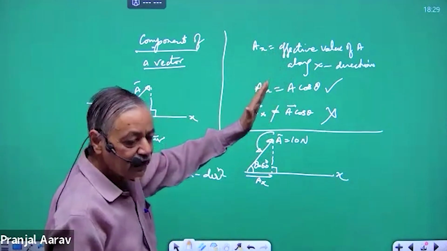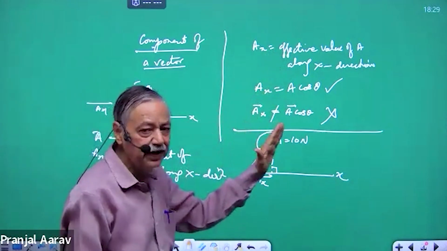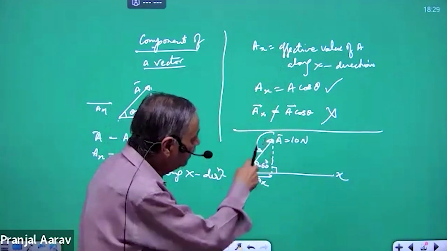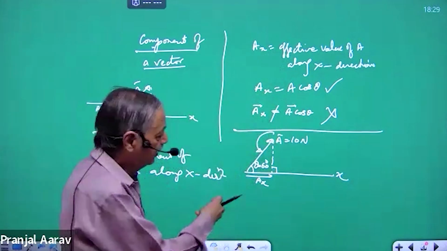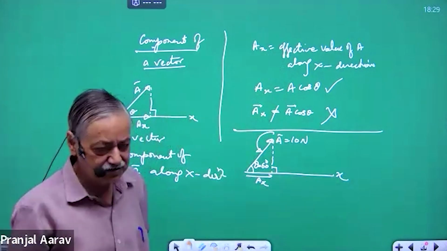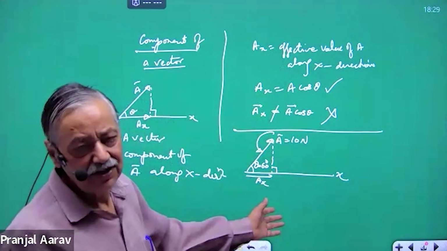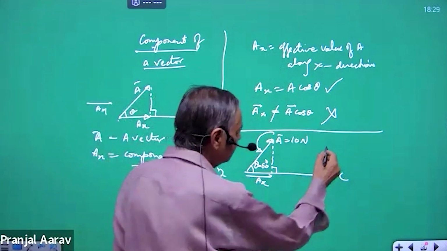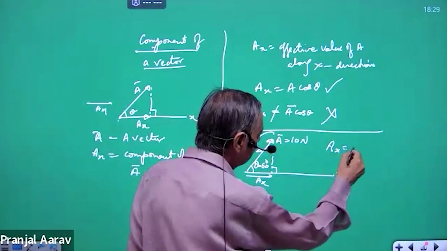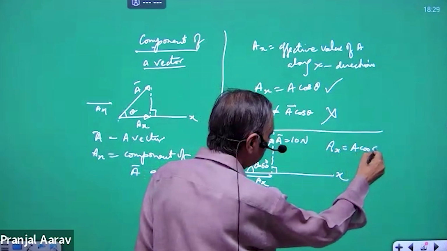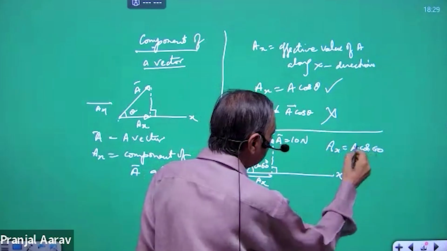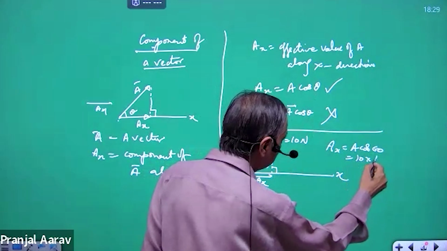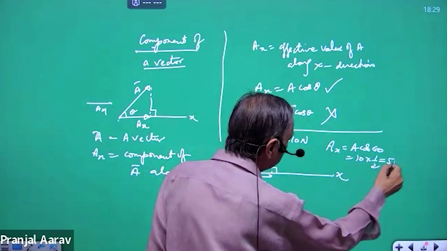Is it clear? What is the effective value of 10 Newton in direction of X? That effective value has got a name, AX. And what is the value? AX is equal to A cos 60. A is 10. Cos 60 is 1 by 2. That means 5 Newton.